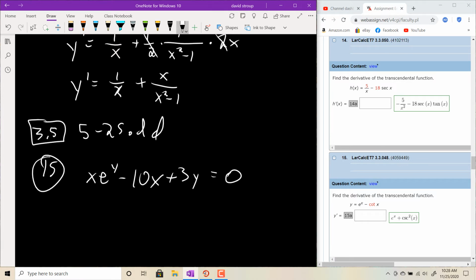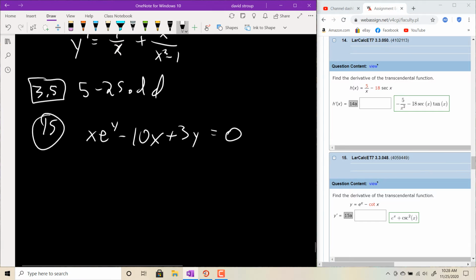Okay. So you kind of just work as usual, and then if you take the derivative of a y variable, you have to tack on a y prime. Okay, so this first part requires a product rule. So leave x alone, and then the derivative of e to the y is e to the y. But then you have to tack on a y prime. Plus, now take the derivative of x, which is 1, and leave e to the y alone.